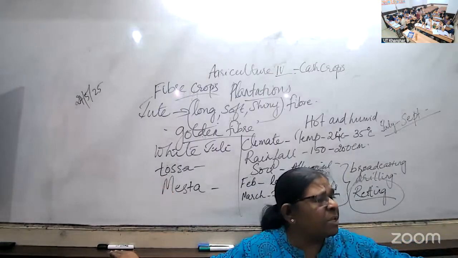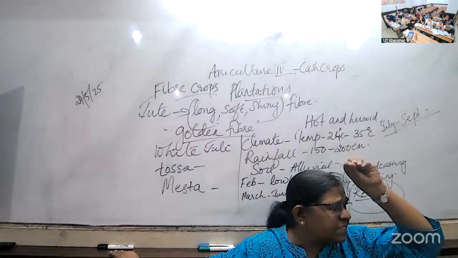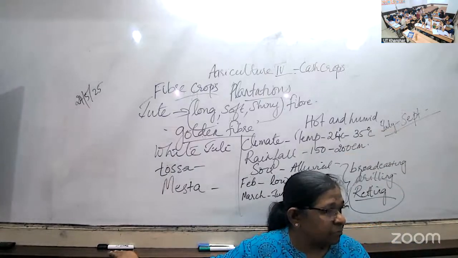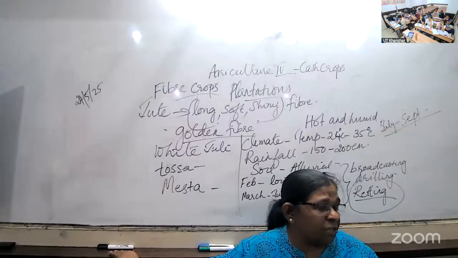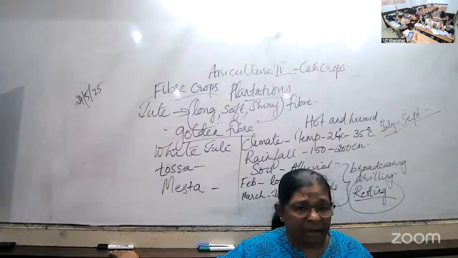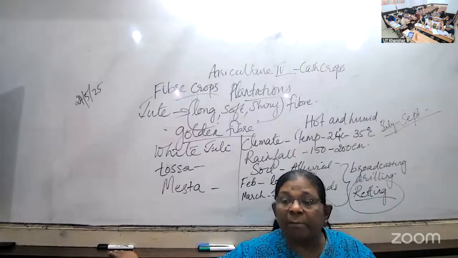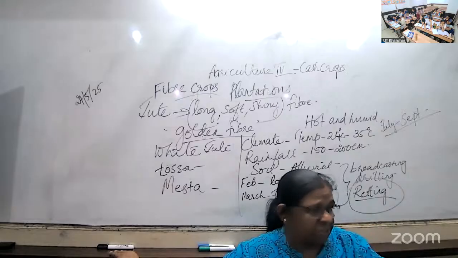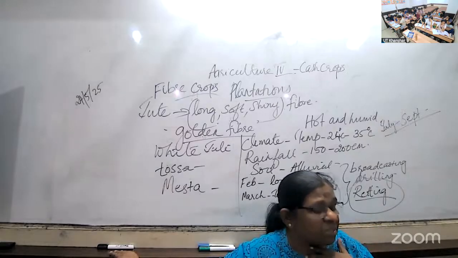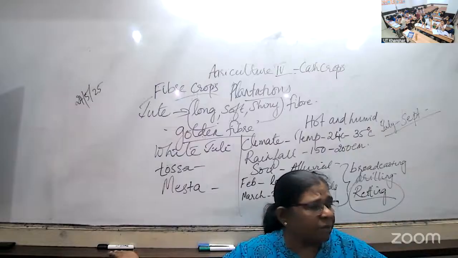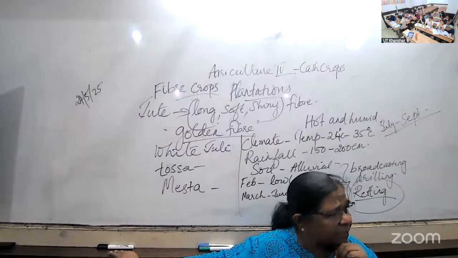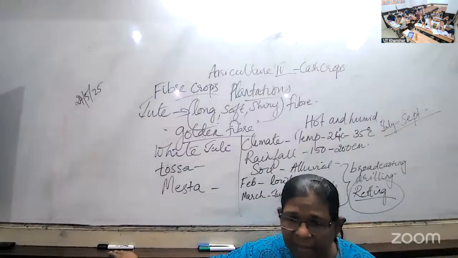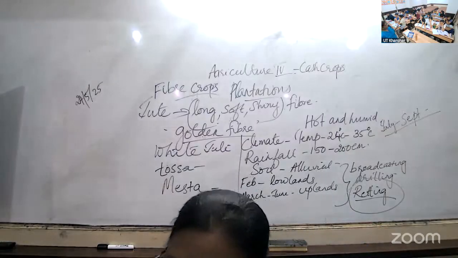Because availability of water is one of the essential components for jute. That is why most of the jute producing areas are around the Hooghly Basin. Hooghly River, have you heard about that? The Hooghly River is in the West Bengal part. So, around the Hooghly River, most of the jute producing areas are there. Jute is clear? Shall we move to tea?